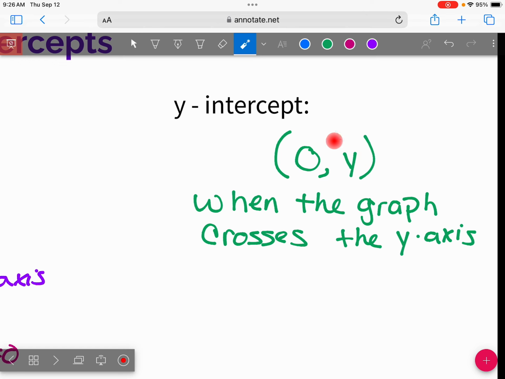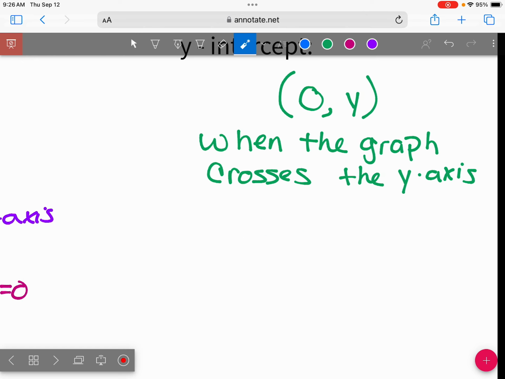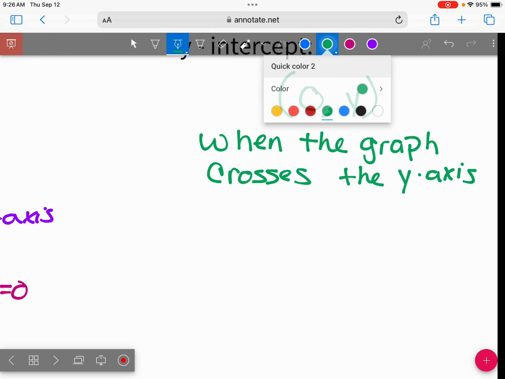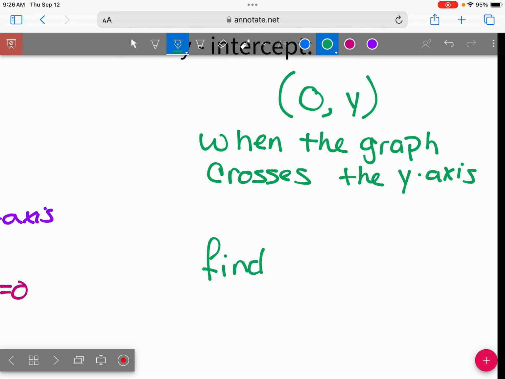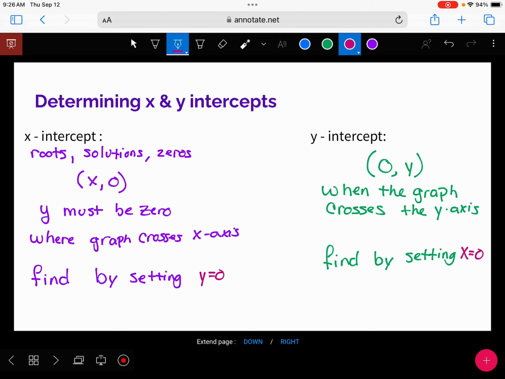So what we know about our y-intercept is that our x equals 0. So we're going to find it by setting x equal to 0 and solving for y. So to find x-intercepts, we substitute in y equals 0. To find y-intercepts, we set x equal to 0.